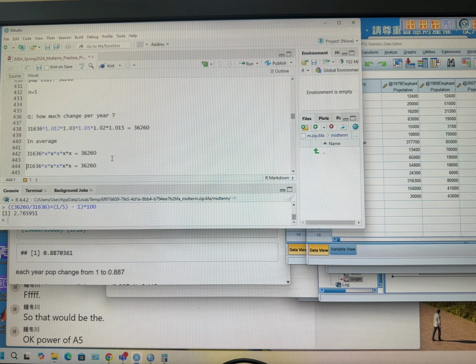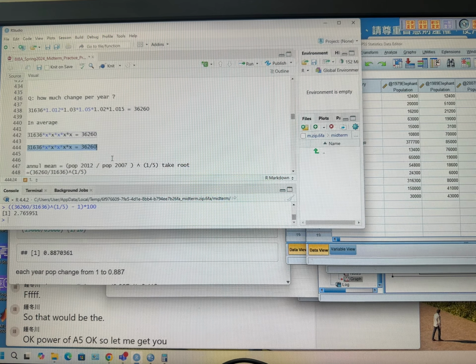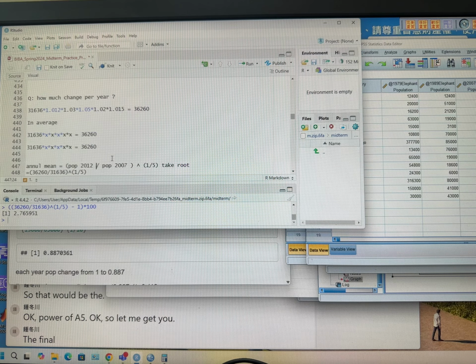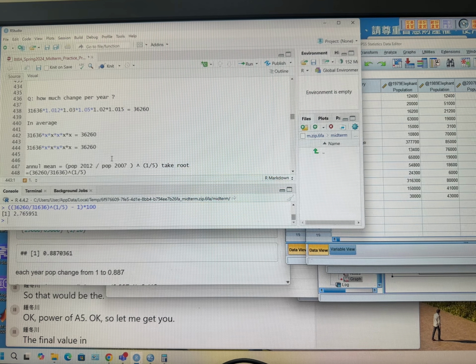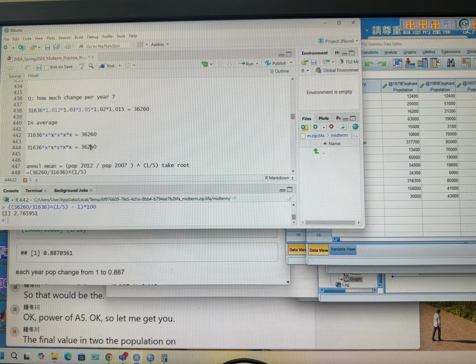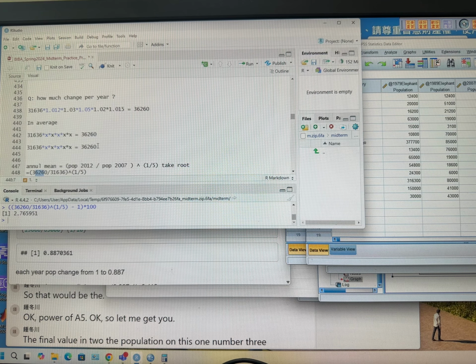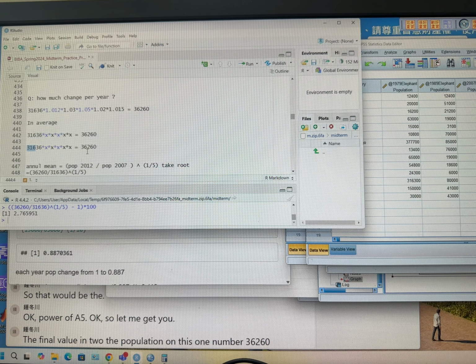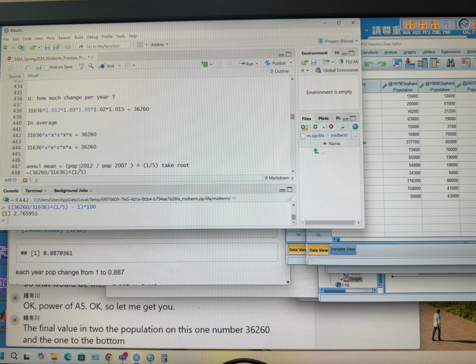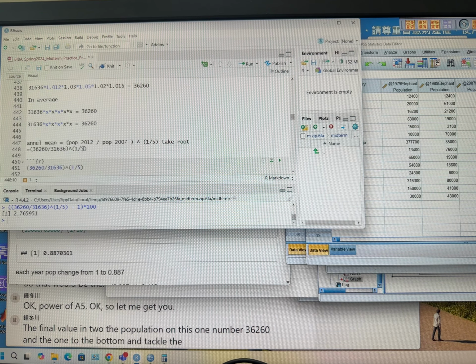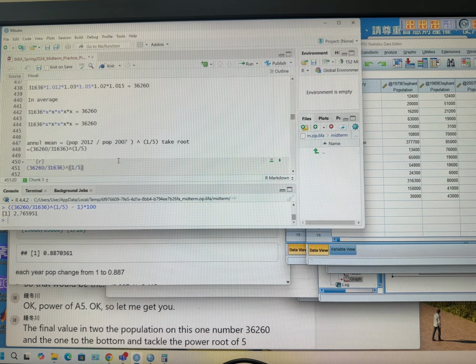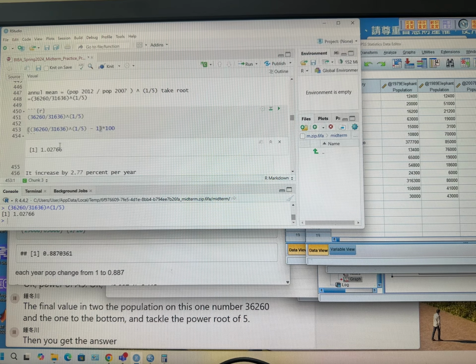Okay, so that would get you the final value of the population, this number 36260, and then move this one to the bottom and take the fifth root. Then you get the answer. And this will be the mean per year.